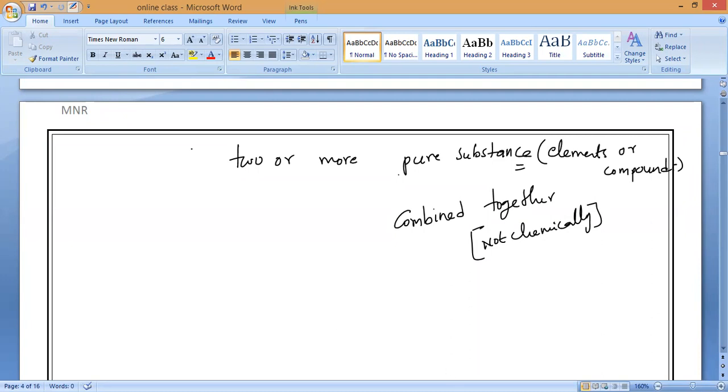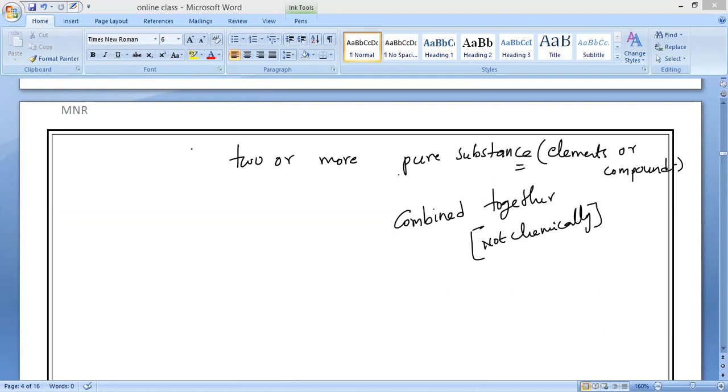In the last class, I gave you a lot of mixtures in our surroundings. All the solutions are mixtures: salt solution, sugar solution, glucose solution. Gunpowder, brass, bronze, or the air in our surroundings are all mixtures only.